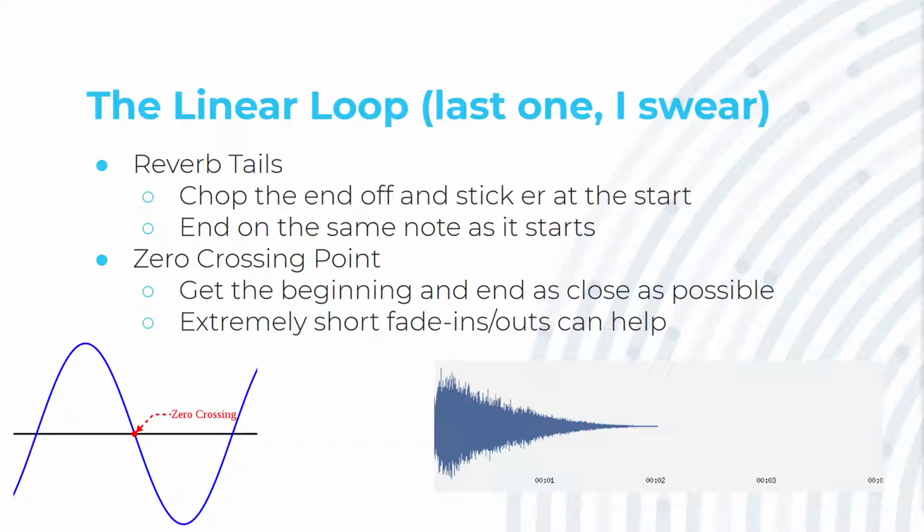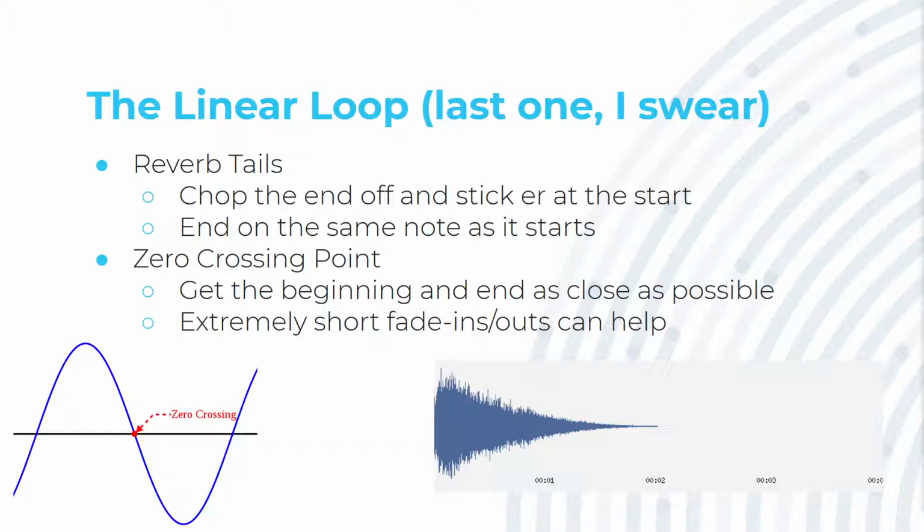So it's pretty helpful. And to cap it off, the zero crossing point is the bottom left, sorry, the little dot there, and is, as you could probably tell by the name, when the audio wave crosses over the 0 point.